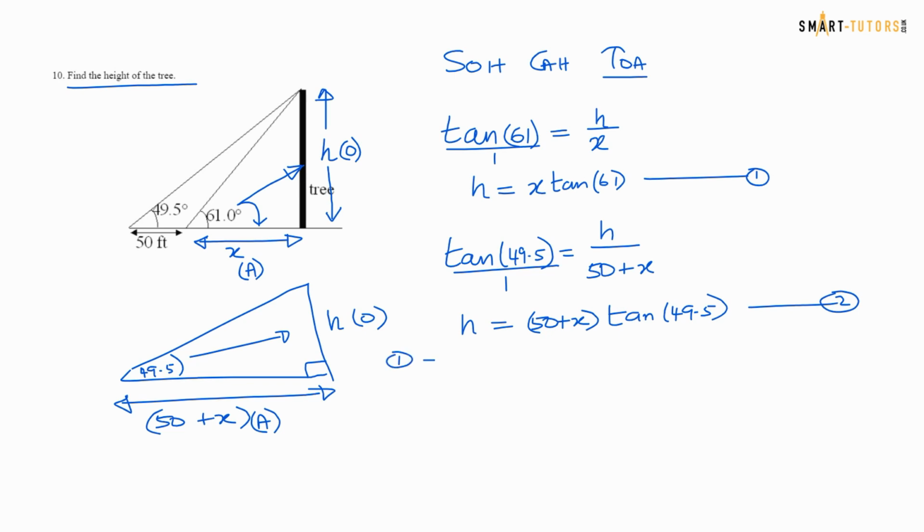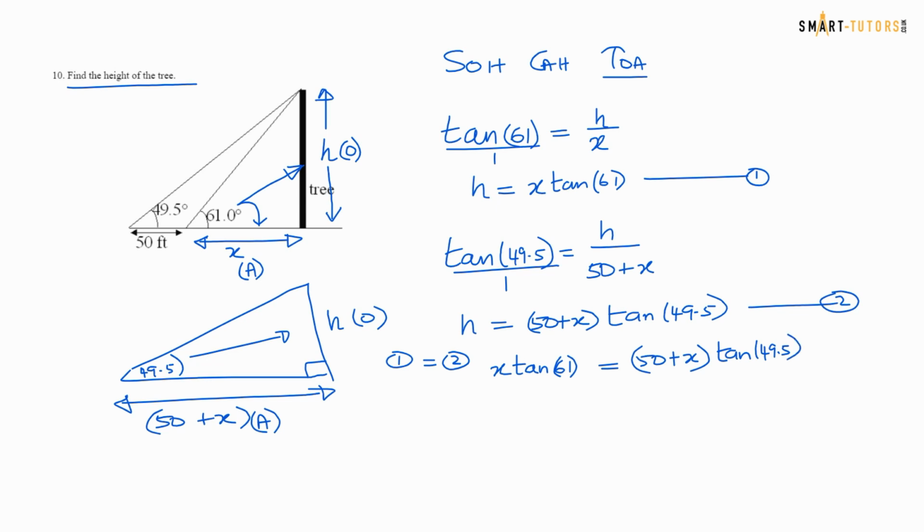If I equate the first equation with the second equation, because h is this one, h is that one, so x tan 61 equals 50 plus x, times tan 49.5.